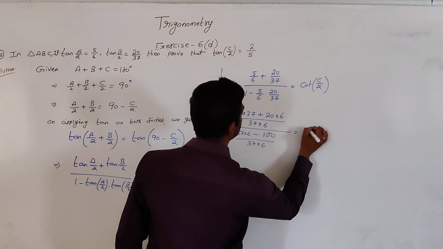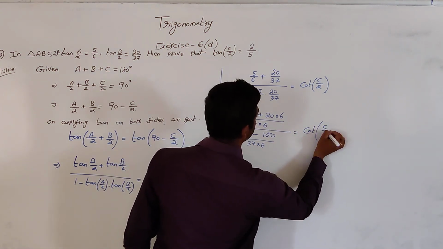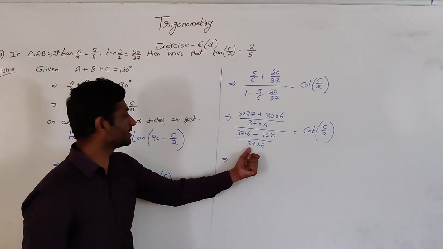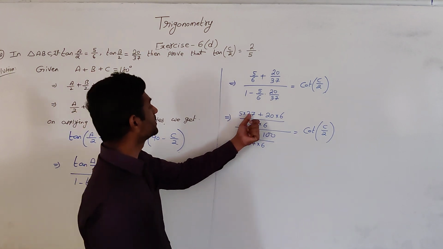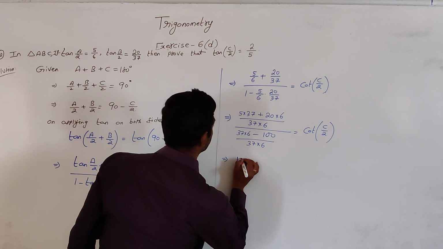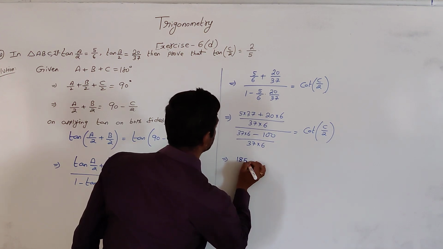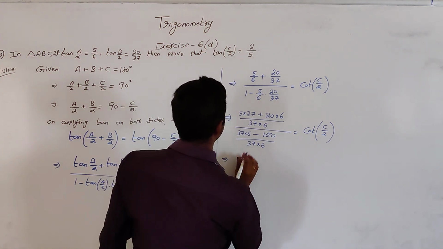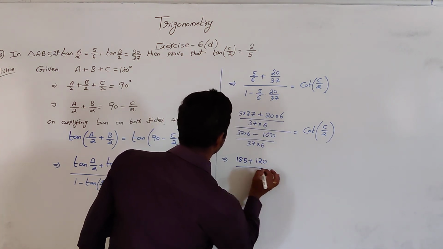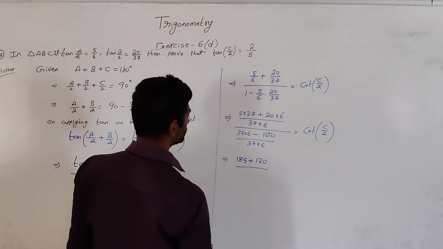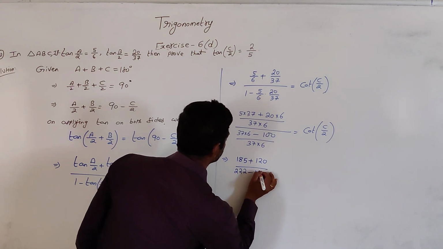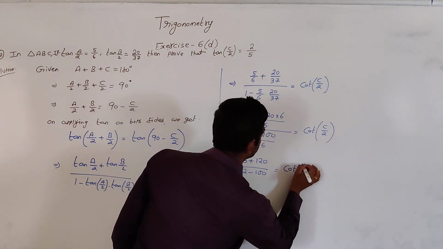That gives cot of C by 2. And the 37 into 6 in the numerator and denominator will get cancelled. It will be 185 plus 120, upon 222 minus 100, which is cot of C by 2.